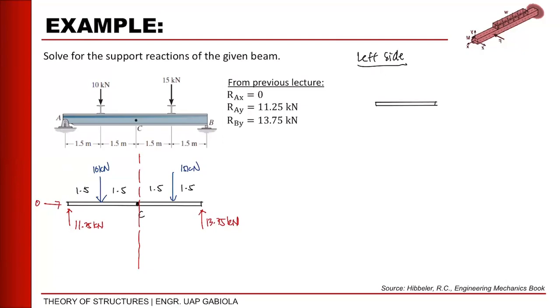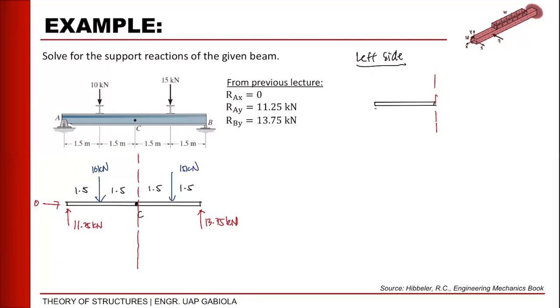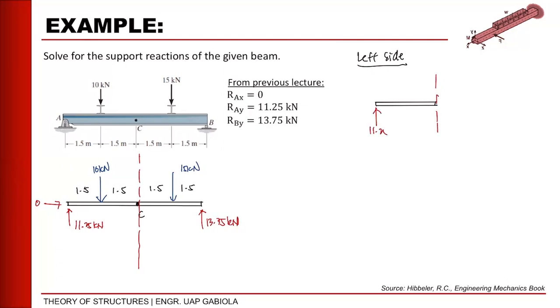Okay, then ito yung section natin. Okay, then we have yung reactions natin. Kung ano lahat yung nakikita nyo dun sa left side, no? And then ito, we have yung 10 kilonewtons. Then we have distances na 1.5, 1.5.